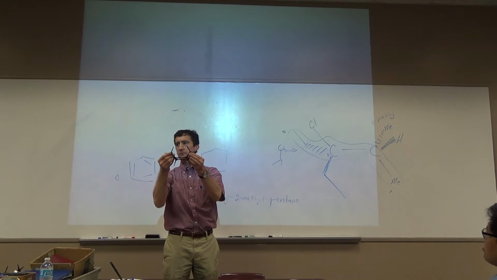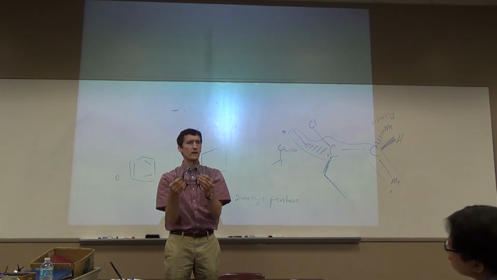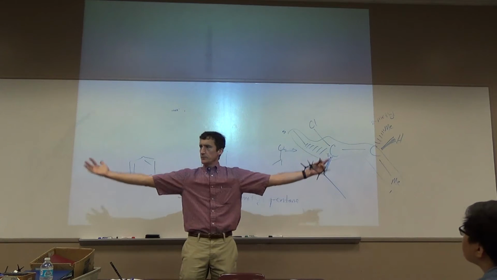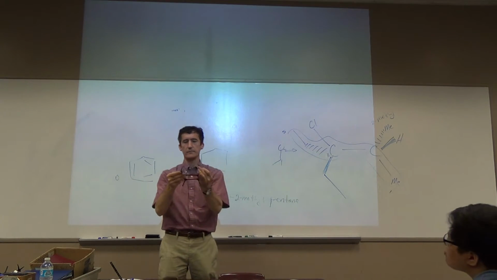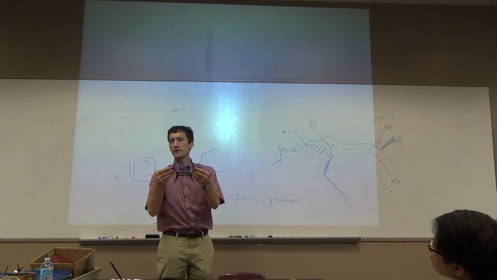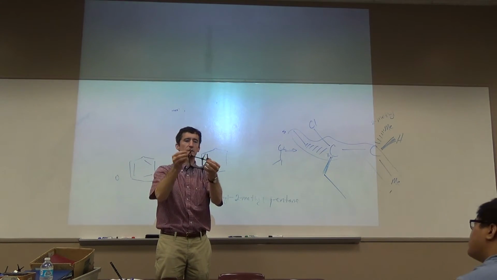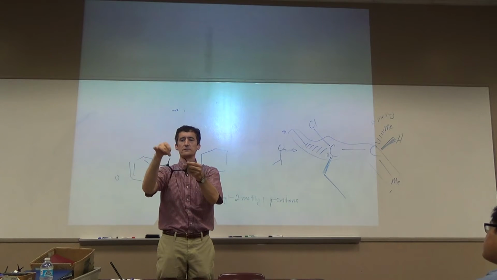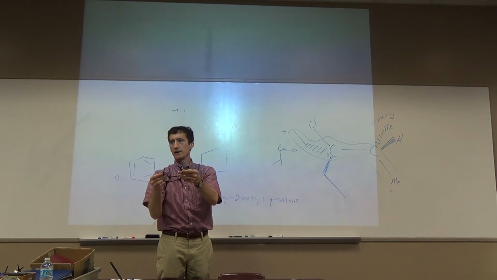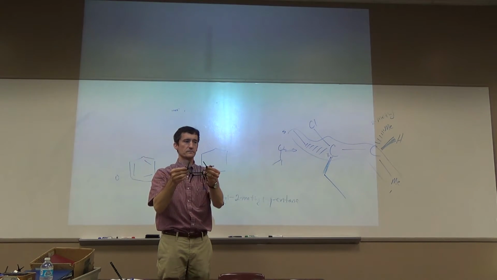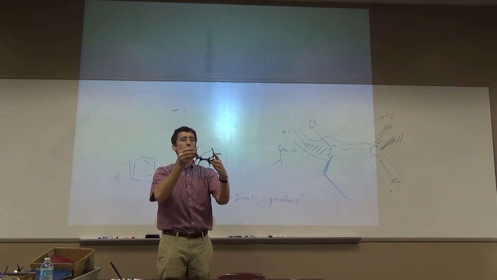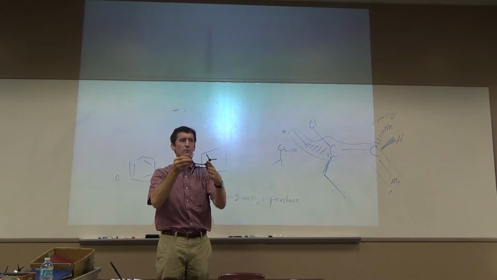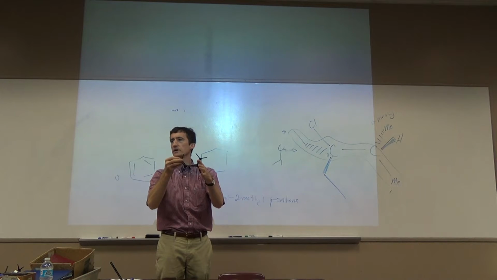That's called a boat conformation. Sort of like an Italian gondola with the ends both sticking up. Well, the boat is not favored because these 2 H's are now coming close together. That's called flagpole interactions. That's not good.